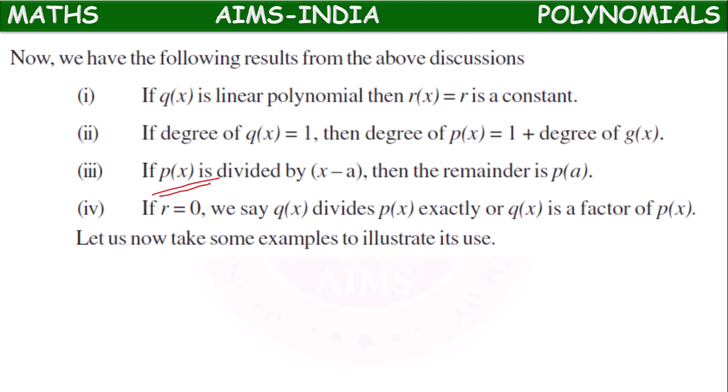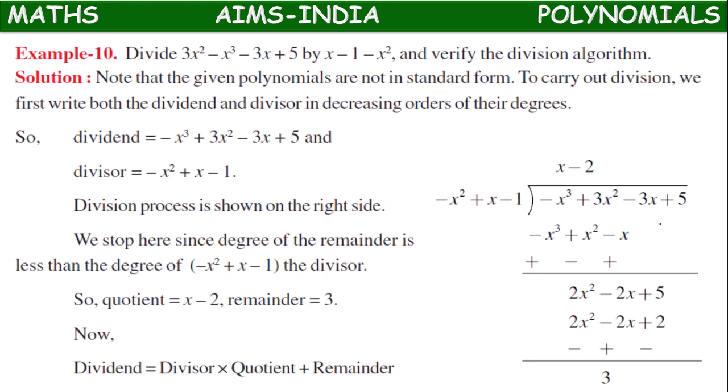Next, if p of x is divided by x minus a, then the remainder is p of a, which we have learnt already. If the remainder r equals 0, then we can tell that q of x divides p of x exactly, or q of x is a factor of p of x. Next one.